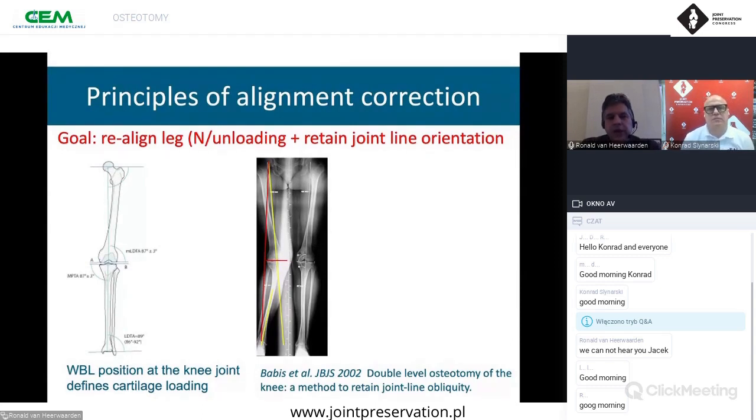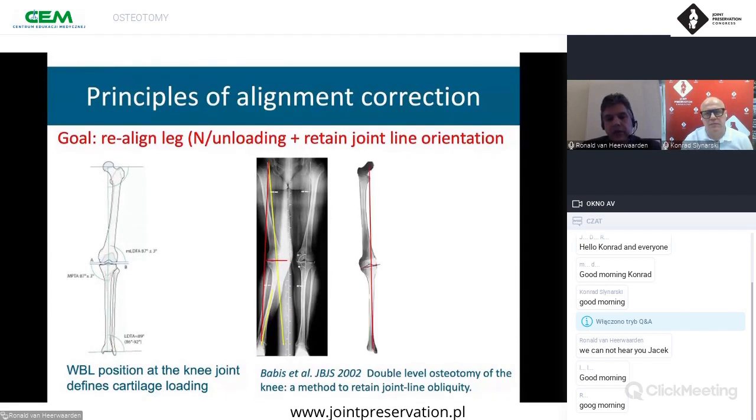You can do a realignment of the leg with an unloading osteotomy, but you have to take care of the joint line orientation. Otherwise, if you are not aware of where the deformity is, which means is it in the femur or in the tibia, we're talking about osteotomies around the knee, you can make big mistakes. And if you cause an oblique joint line, which is not normal, you create a new problem.